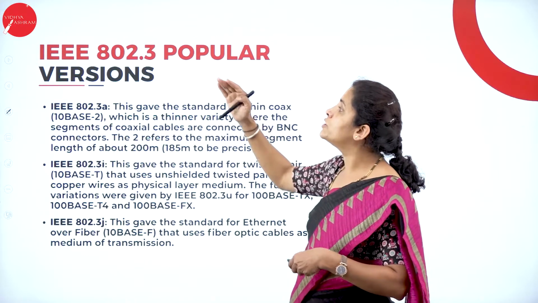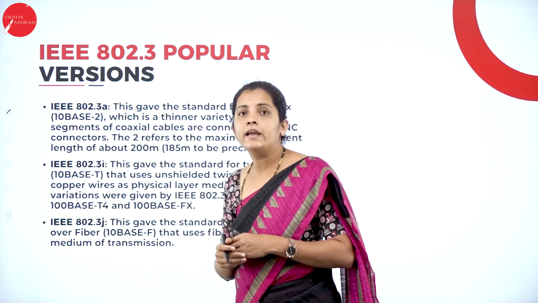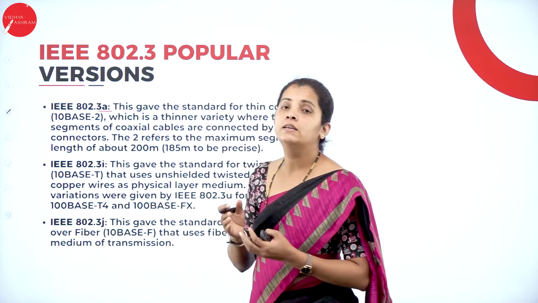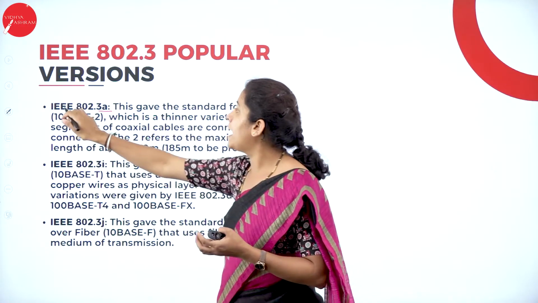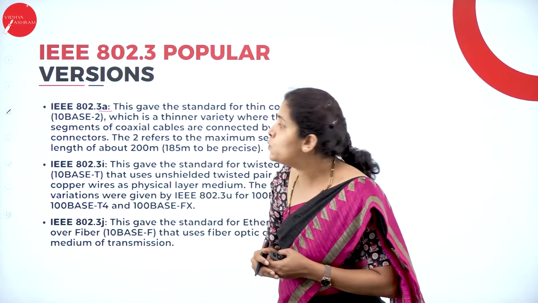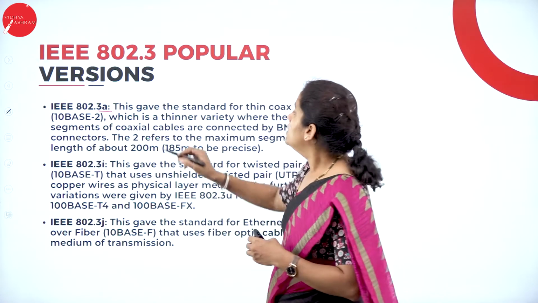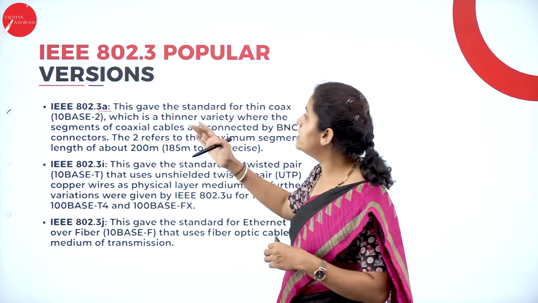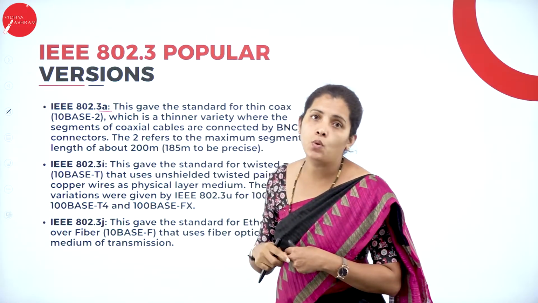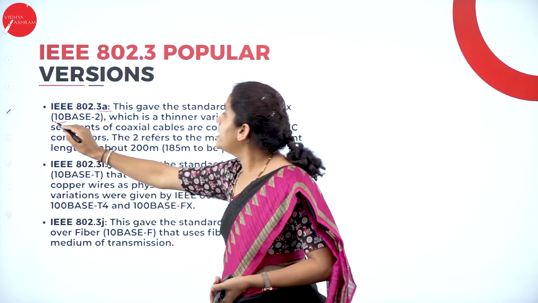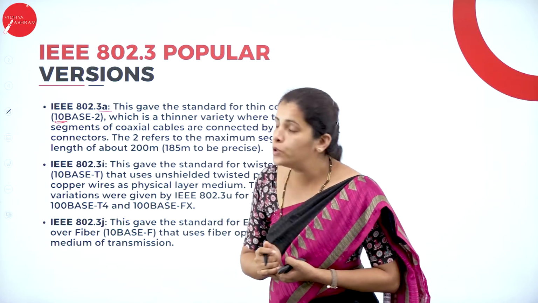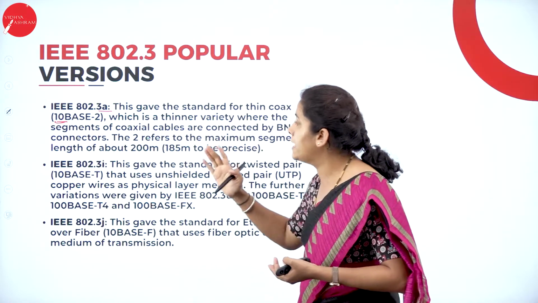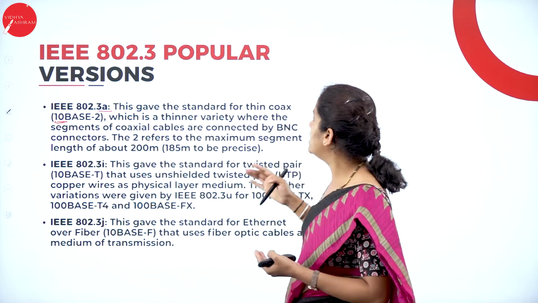Another version of IEEE 802.3 is 802.3a. This gave the standard for thin coaxial. So here we are going to use thin coaxial cable. Here 10 is the throughput, base is baseband and 2 is the segment length.